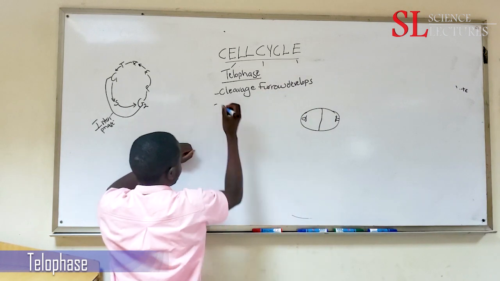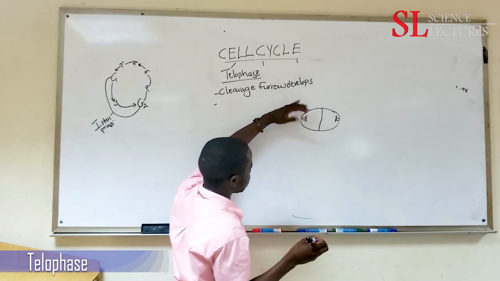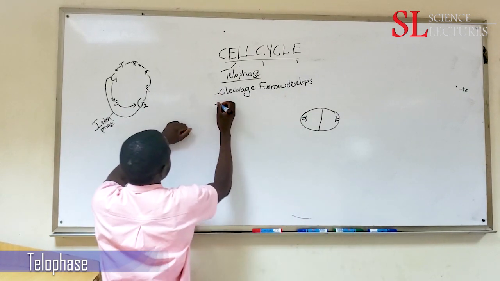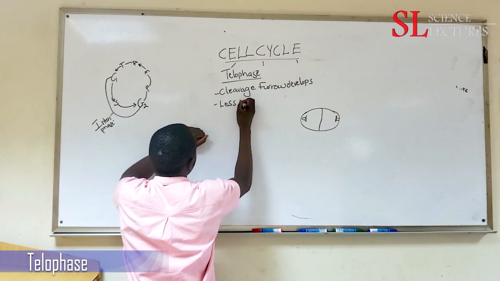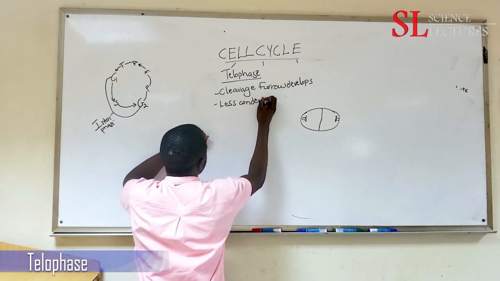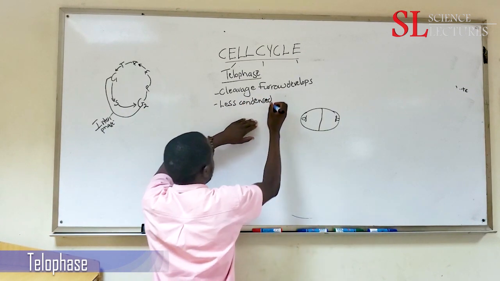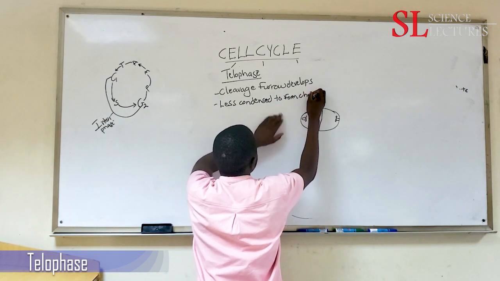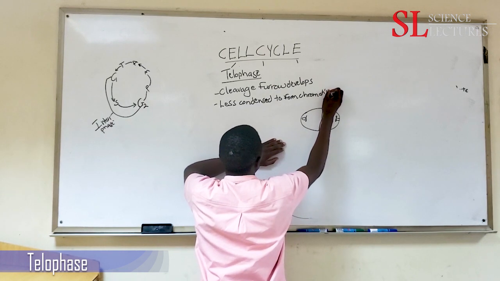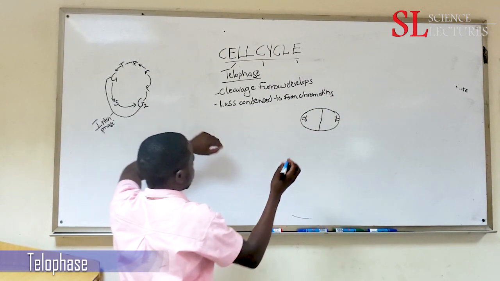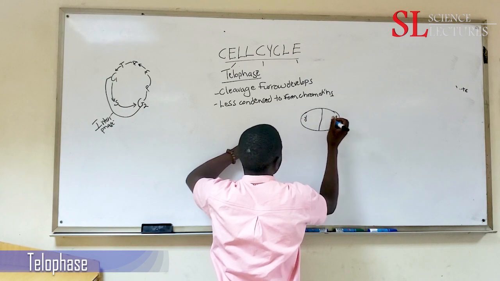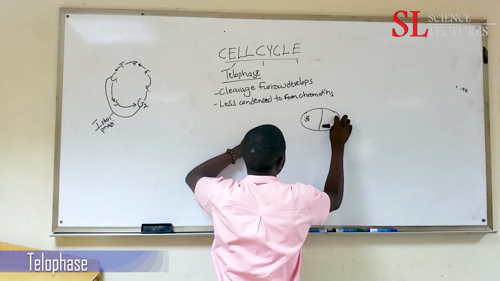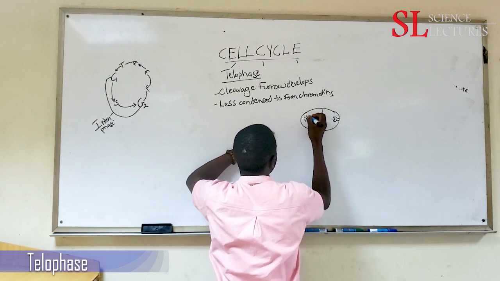Then number two, now since these chromatids are at opposite ends of the cell, they become less condensed to form chromatin. So when they become less condensed, they will go back to the original form of being thread-like structures.